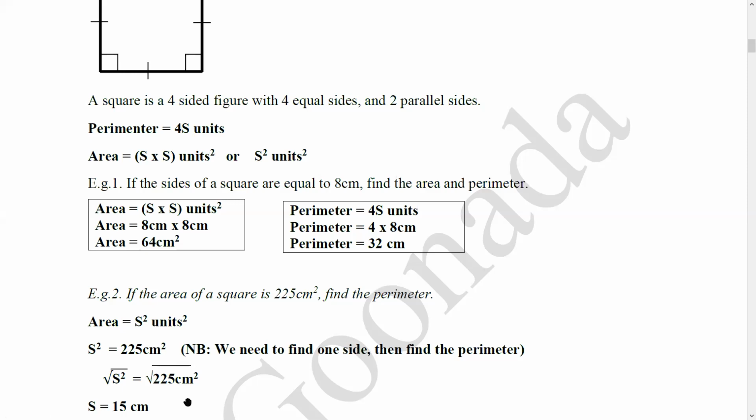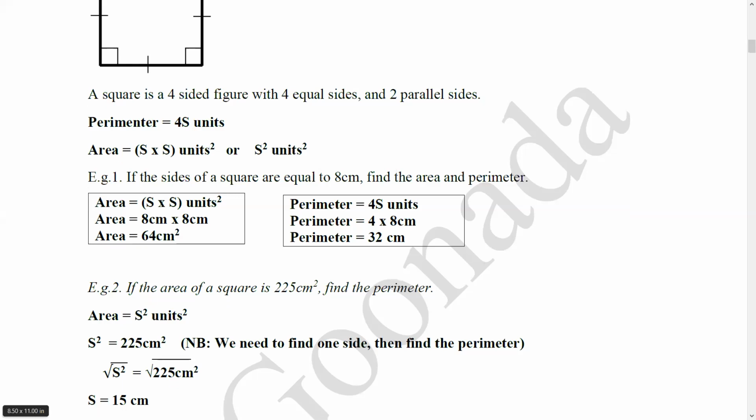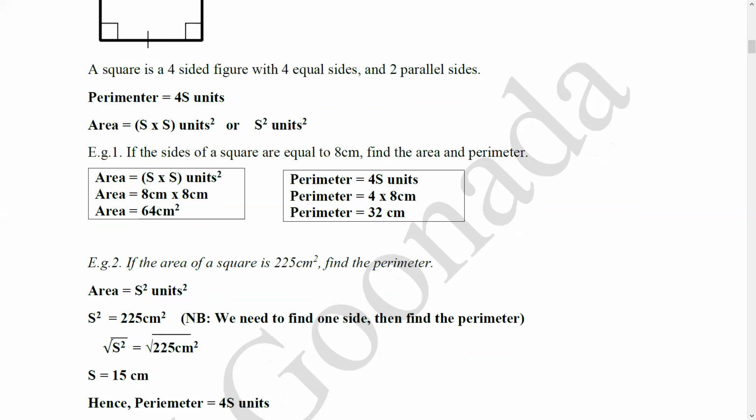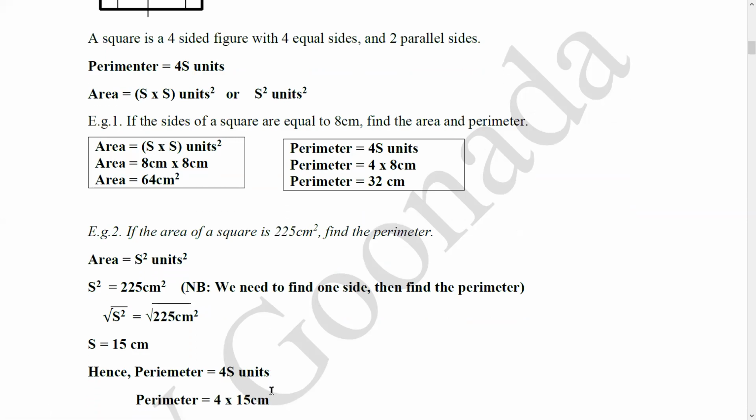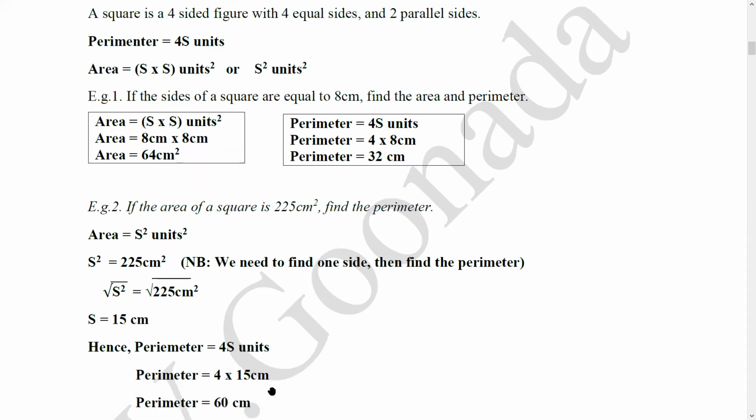So now if we found 15, and I think somebody said they got 15, but this is only half the answer. A side is 15 centimeters. Now we need to find the perimeter. The perimeter is 60. Yes, correct. So it is 4 by S units, which is, of course, 4 by 15, which is 60 centimeters. All right?